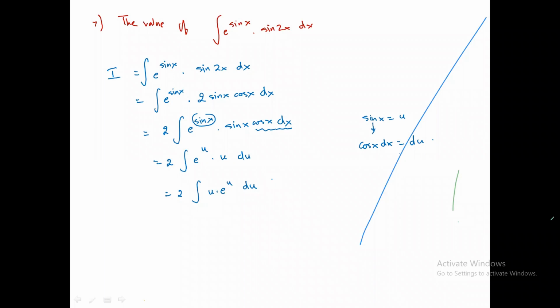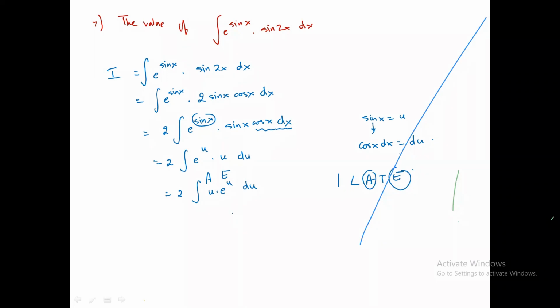Why did I change it? Because u is algebraic, e power u is exponential. I have to maintain this order, because for maintaining the order, there is a mnemonic ILATE, which you have learned in the classes. First algebraic, then exponential. That is why I have kept this.